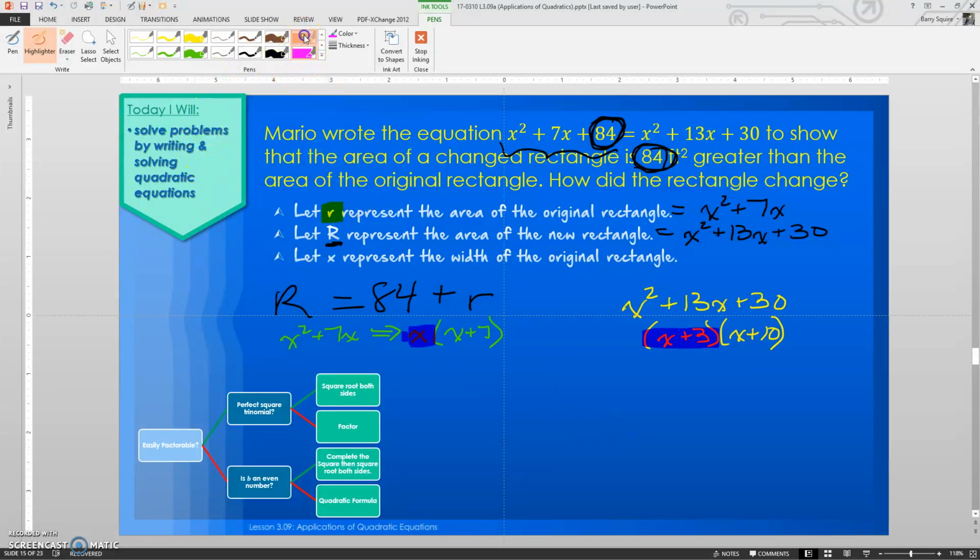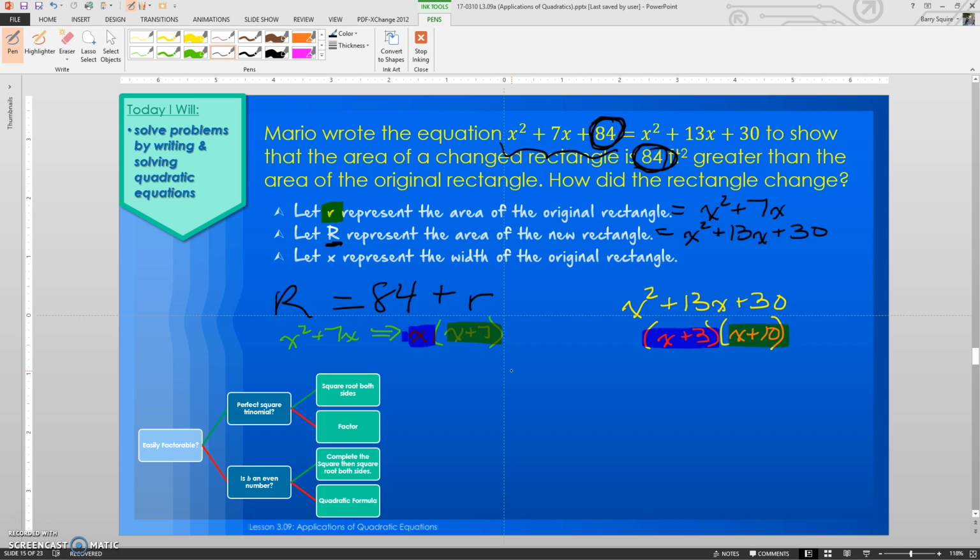And then if we look at this x plus 7 compared to this x plus 10, well, it looks like we just added 3. So we added 3 to the length and the width. That's how the rectangle changed. We added 3 to both dimensions, the length and the width.